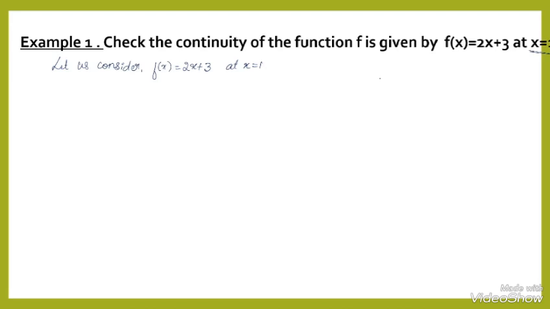A polynomial function means the function f of x is of the form a x to the power n plus b x to the power n minus 1 plus c x to the power n minus 2, and so on.